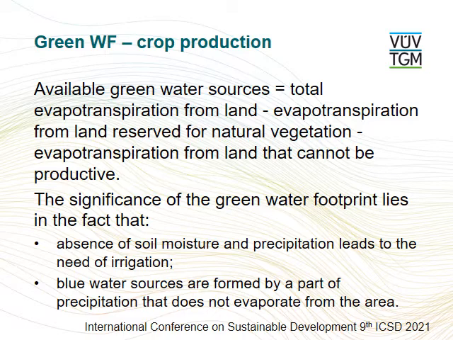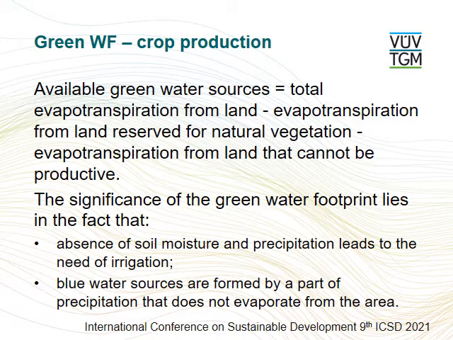But the importance of the green water footprint lies in the fact that the absence of precipitation, respectively soil moisture, leads to the need for irrigation. You need to consume blue water resources if you don't have available green water resources.